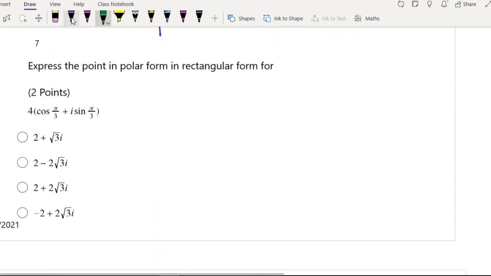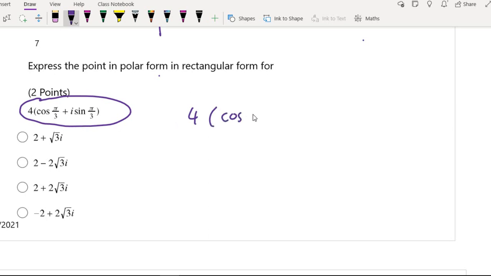Number 7. Express the point in polar form in rectangular form for the given. This is polar form. You need to find the reverse, find this in rectangular form. So 4 cos pi over 3 plus i sin pi over 3.